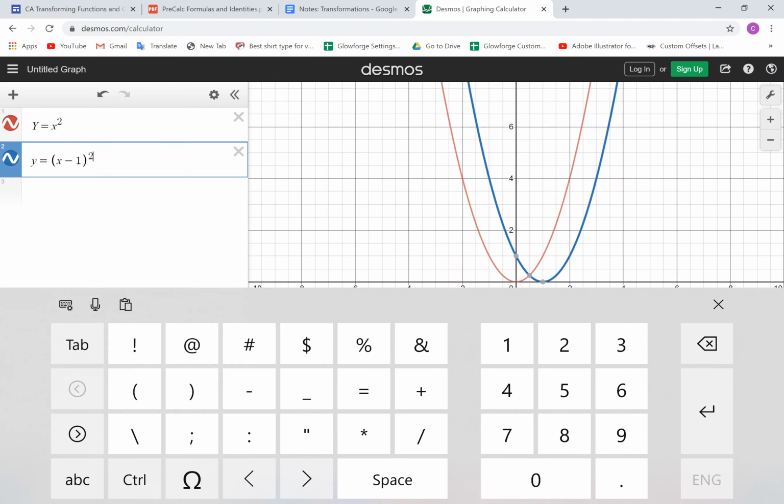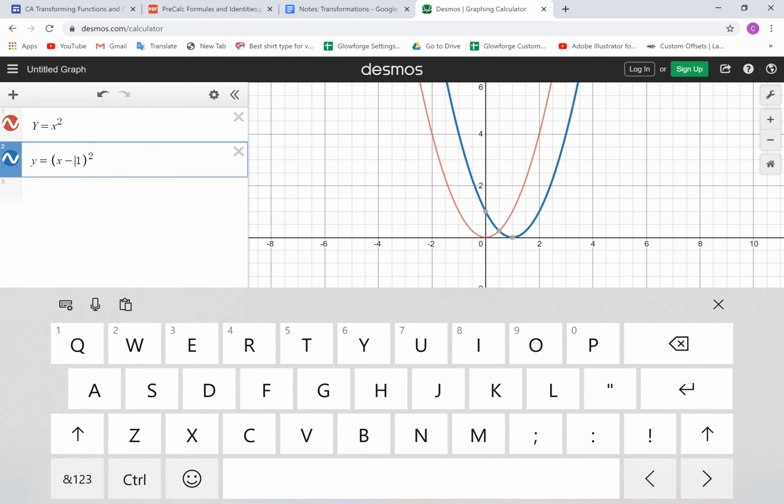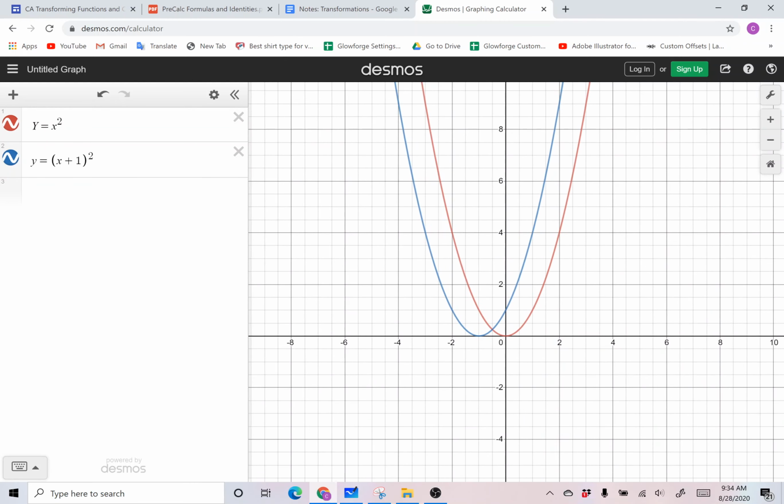And so you can see that, I'm sorry, it's plus 1. So as you can see, this red one just literally got moved over 1 unit to the left on every point. And you have the new graph that's the exact same thing.